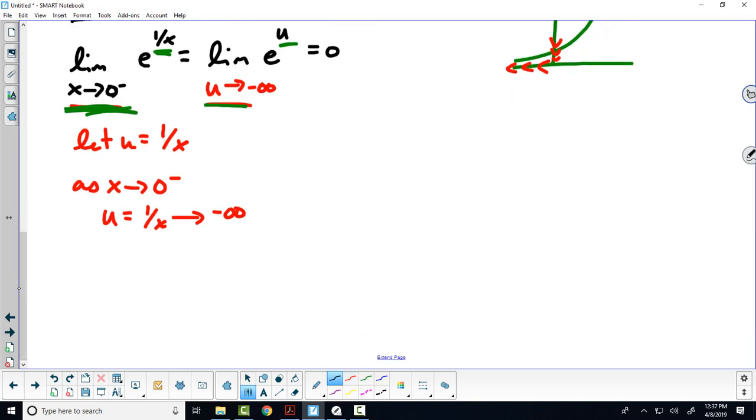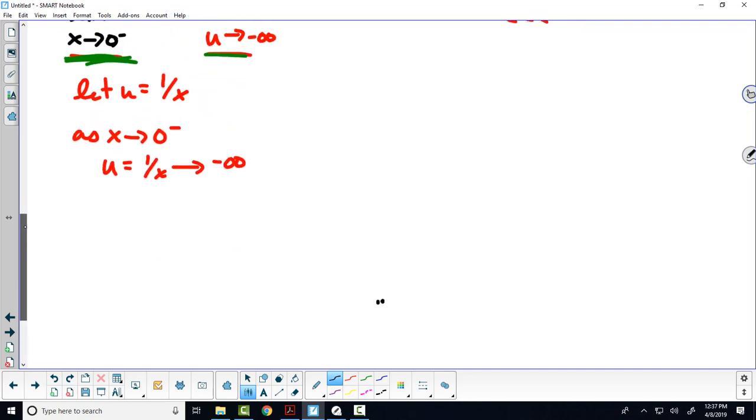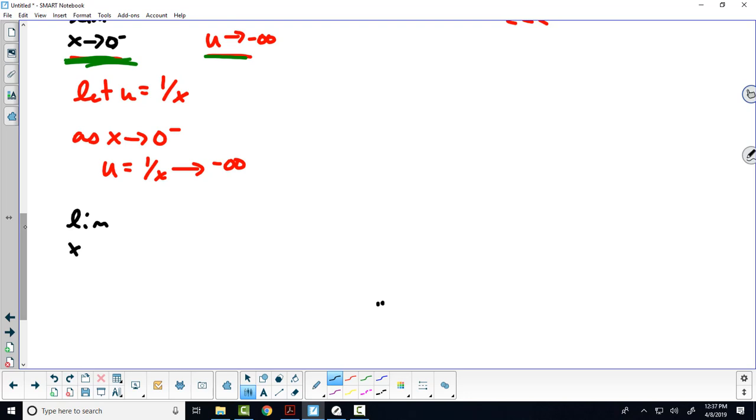Okay. That was just when we chose to approach 0 from the left. What happens if we approach it from the right? So if we look at the limit as x approaches 0 from the right of e to the 1 over x, we're again going to do the substitution. We'll look at the function e to the u, but now what happens to our limiting variable?